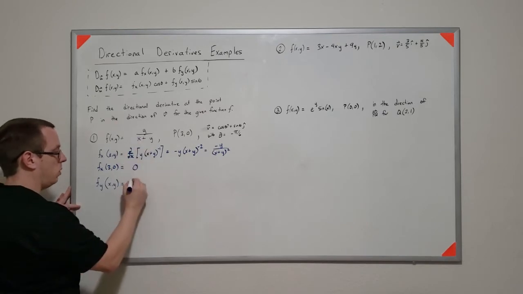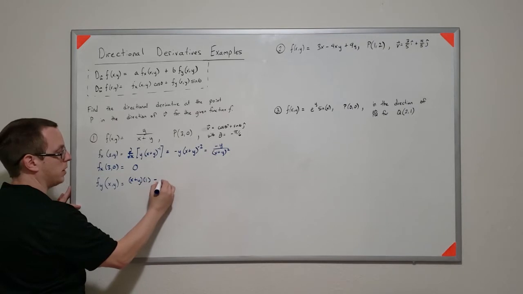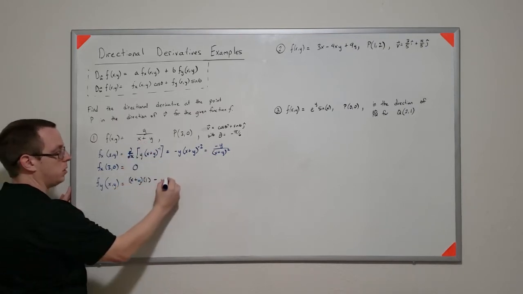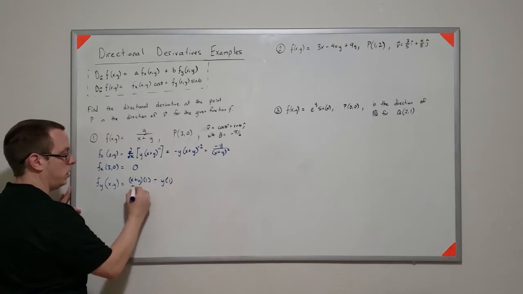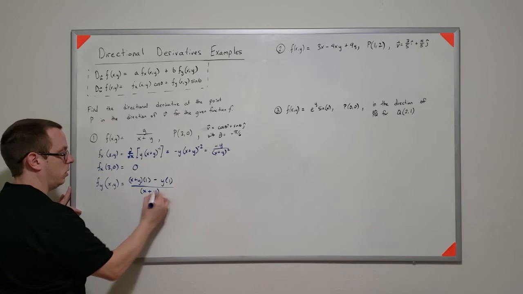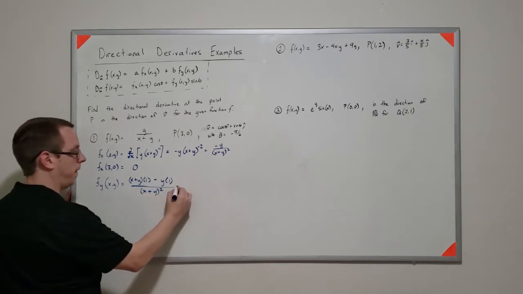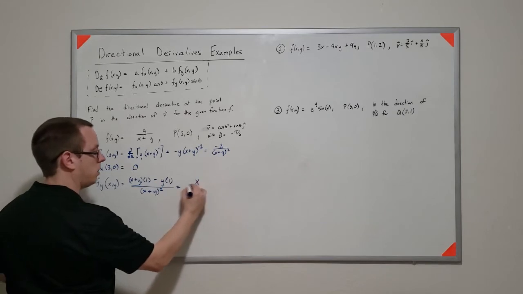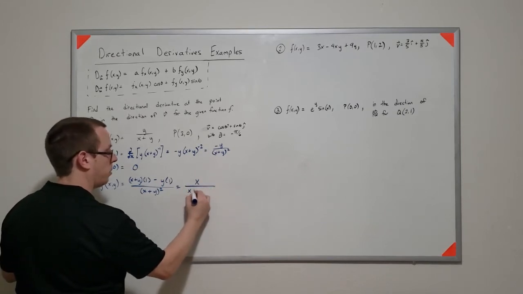So we do low times derivative of high minus high times derivative of low. Again, that's constant, so this becomes 1, over low squared. So x plus y minus y gets me x, over x plus y squared.